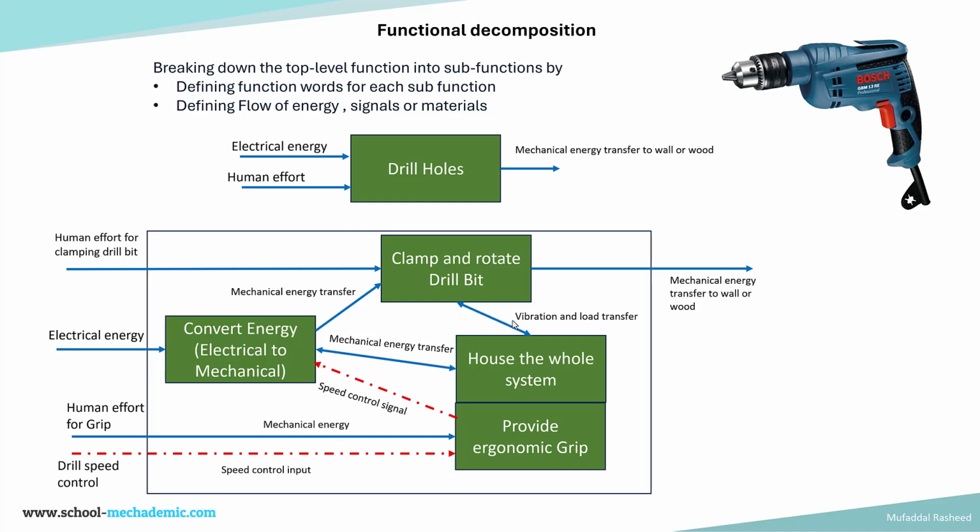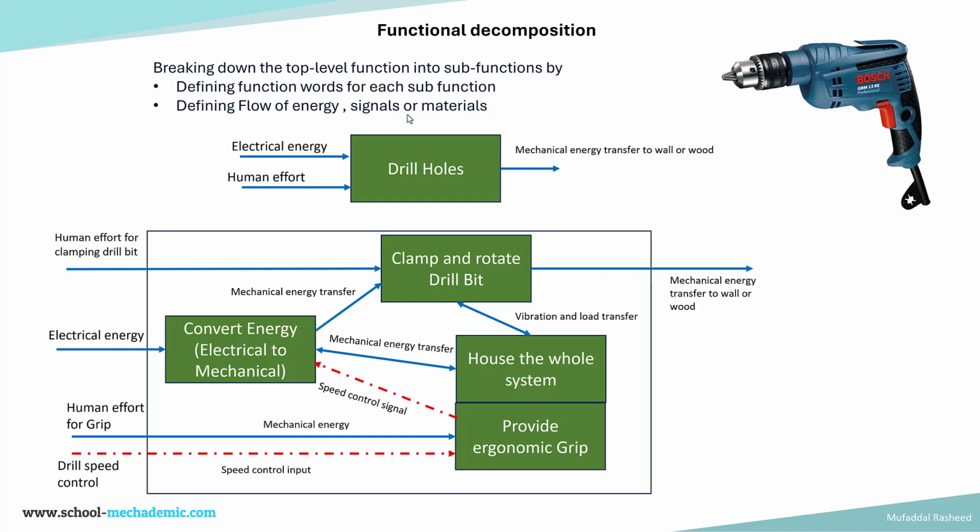And there is a vibration and load transfer which is happening between the drill head and the housing. Vibration and load transfer, which is indicated by this two-headed arrow. And there is mechanical energy transfer between the housing and the motor, because the motor is mounted in the housing. Hence, whatever forces or mechanical energy or vibration energy is coming from the motor will be transmitted to the housing as well.